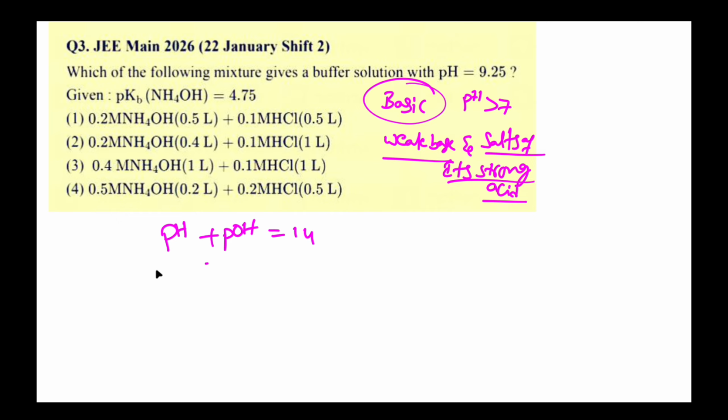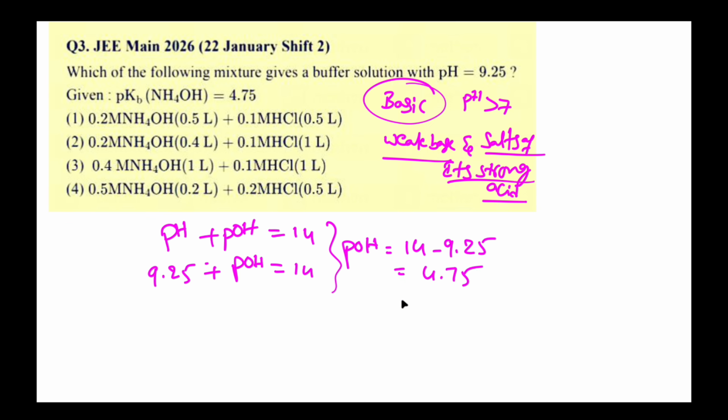We know very well pH plus pOH is equal to 14. Already we have the pH value, that is 9.25. Then pOH is equal to 14 minus 9.25. That value is nearly 4.75.